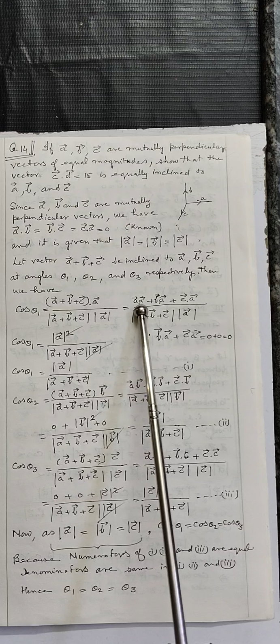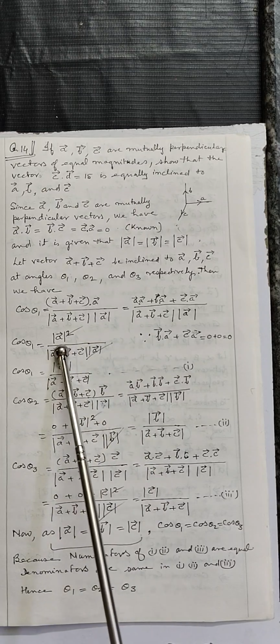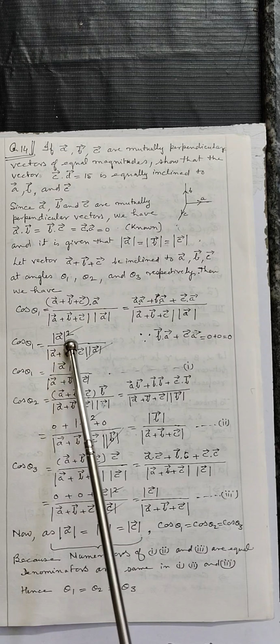अब हमने देखिए अब A dot A है that will become magnitude of the vector A का whole square.